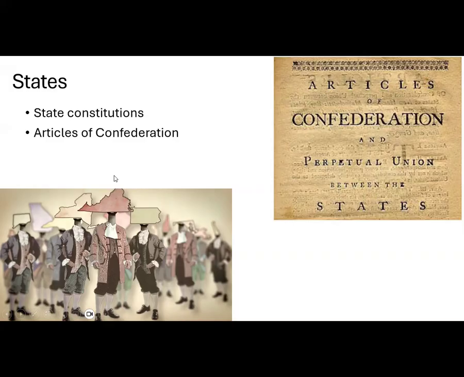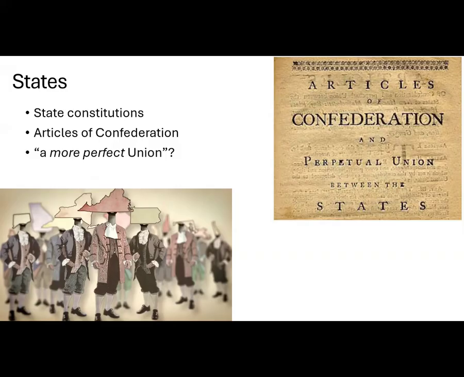Because the Articles of Confederation did not grant the national government enough power, it was dispensed with about 13 years later, and delegates were sent again to Philadelphia together to form a more perfect union.